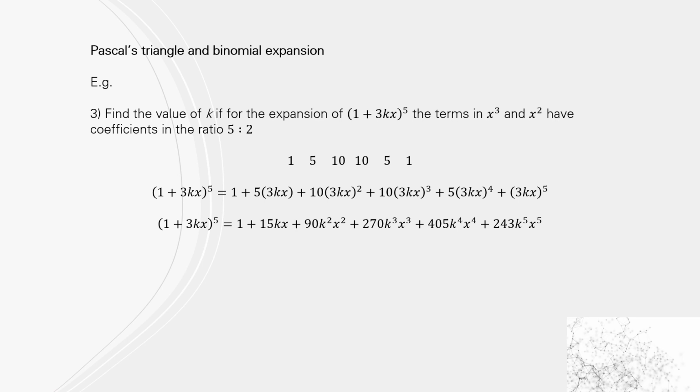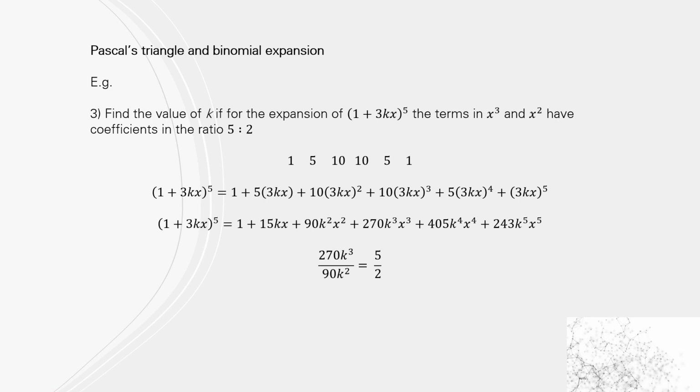So expanding those, you get 1 plus 15kx plus 90k squared x squared plus 270k cubed x cubed plus 405k to the 4 x to the 4 plus 243k to the 5 x to the 5. Now the question said the terms x cubed and x squared have coefficients in the ratio 5:2.